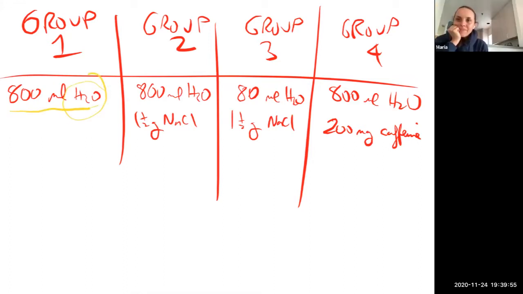Again, this person has water, no salt or caffeine. This person has a certain amount of water, a certain amount of salt. So we have different amounts of intake we're putting into the body, certain amounts of water and/or salt and/or caffeine. And what are our dependent variables?